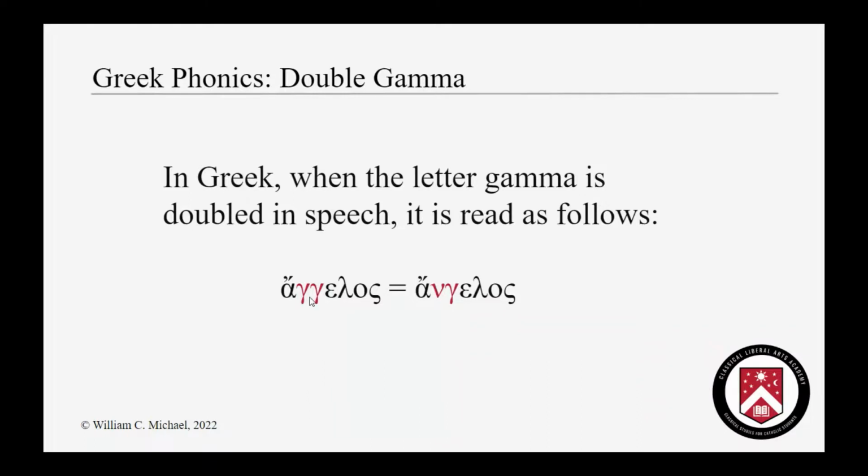So the double gamma is not read ag-gelos, but angelos, angelos. And notice we have a rough breathing mark, no aspiration, followed by an acute accent mark. So we have no breathing on this first sound, and we rise in pitch on this first syllable. Angelos, angelos.